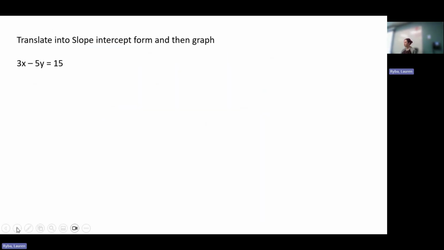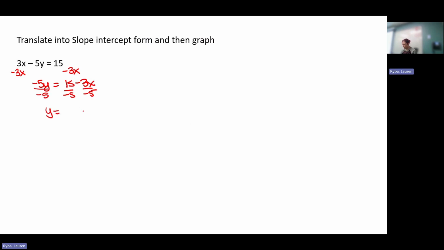Another option is I could turn this into y equals form. It's more work, but if you wanted to, you would subtract the x piece over to the other side. Negative 5y equals 15 minus 3x. And then I would divide everything through by negative 5.